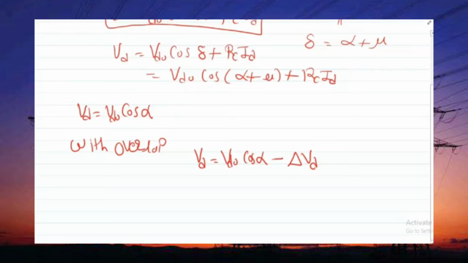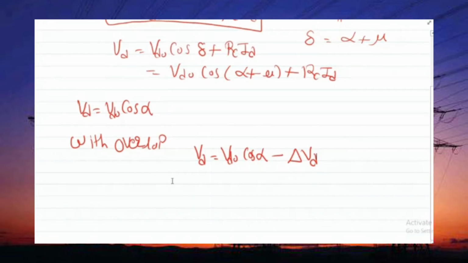We also know the value of del VD. What is the value of del VD? The change in the DC voltage, del VD, is equal to VDO by 2 times (cos alpha minus cos delta). We already derived this equation.